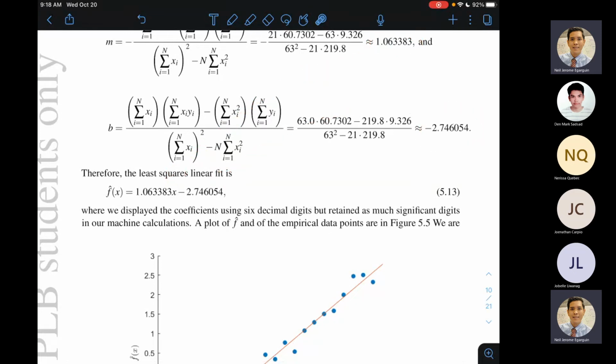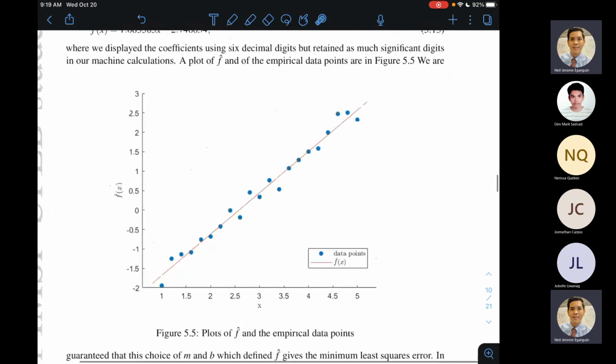Okay. And sure enough, if we plot f hat and the data points in one coordinate plane, this is what I get. This is the least squares fit that best represents or best captures the trend of the given data.